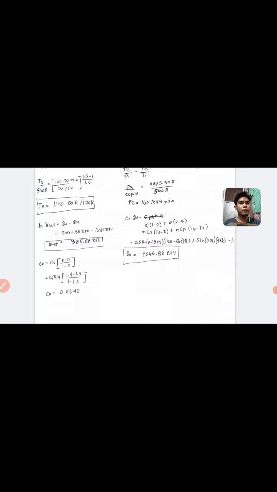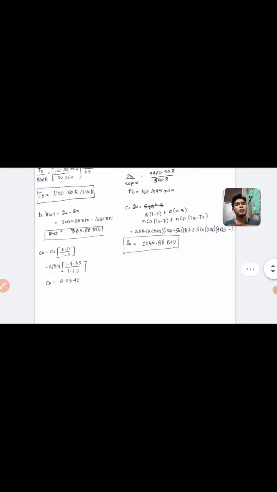So substituting the value of Cp here, 0.24 times the value of our temperature 3 and temperature 2. So our QA now is 2066.88 BTU.